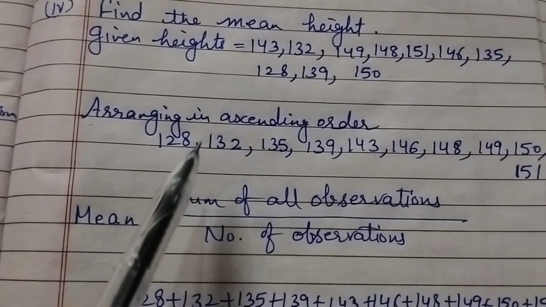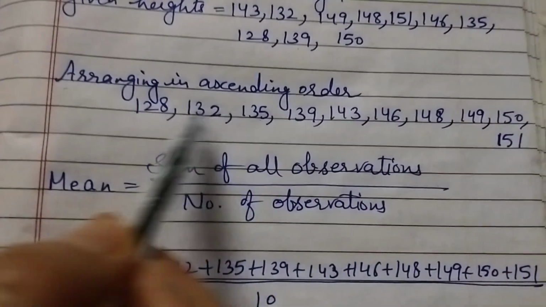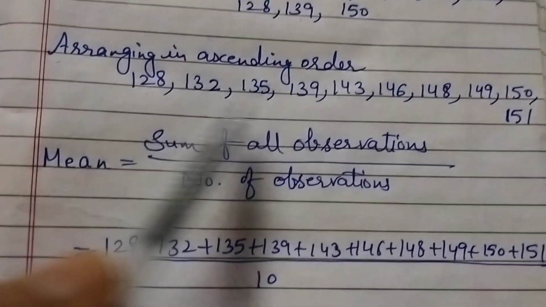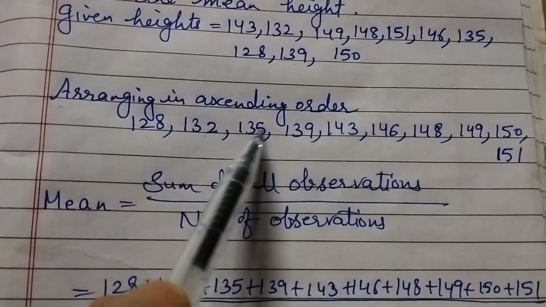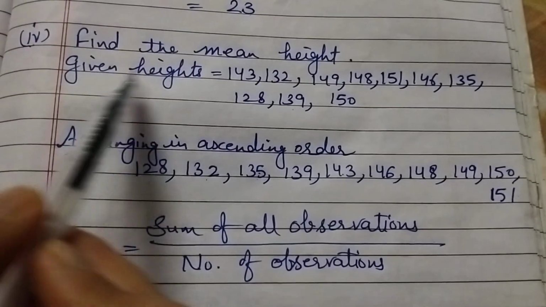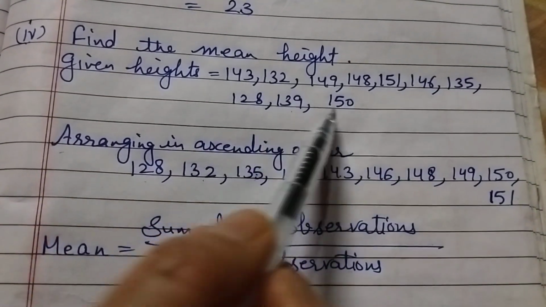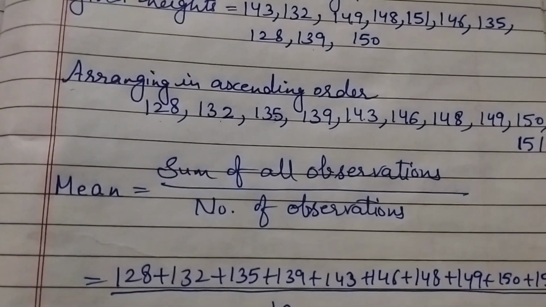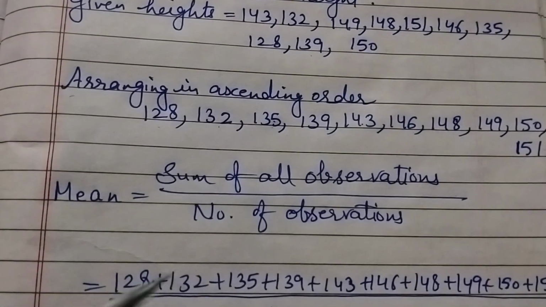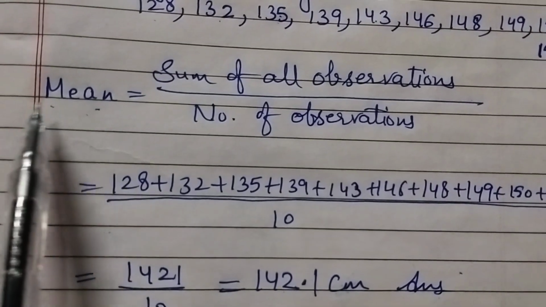After arranging, you will count the numbers to check whether they are equal to the original or not. You count 1, 2, 3, 4, 5, 6, 7, 8, 9, 10. Here also we count 1, 2, 3, 4, 5, 6, 7, 8, 9, 10. It should be counted so that you will not leave any number. Now the mean.